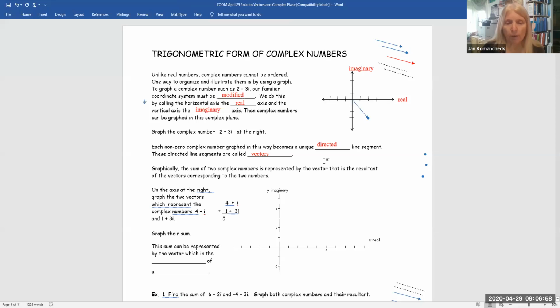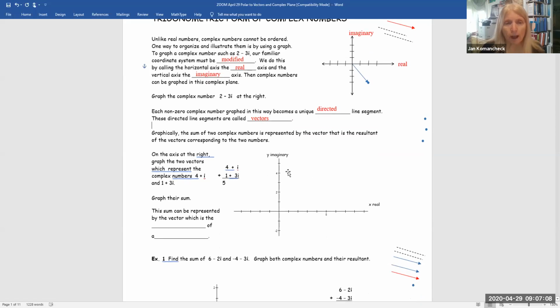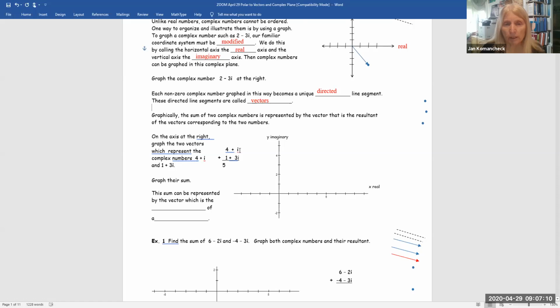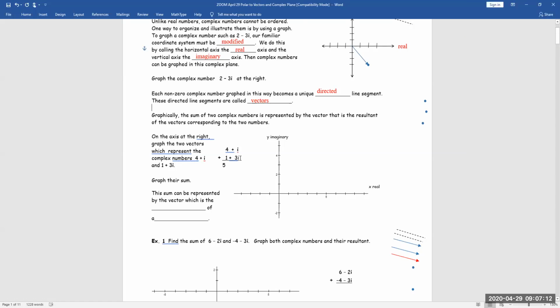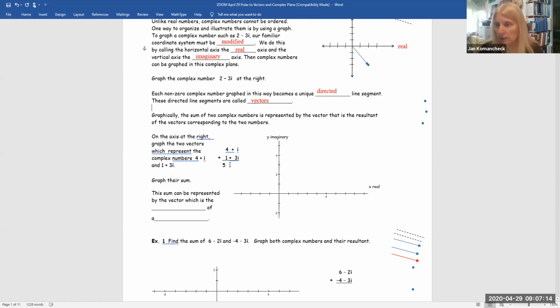If I want to graphically add 2 complex numbers together, well, you guys know how to add complex numbers because you've done that in previous math courses, but I want to show you what it looks like graphically. So if I asked you to add 4 plus i and 1 plus 3i, you would just add those like terms.